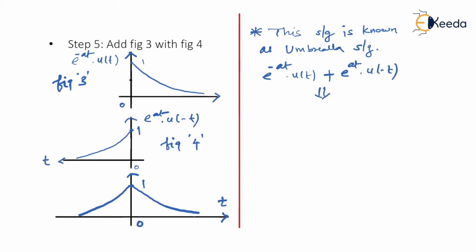In short, this whole thing is written like this: e to the power minus a mod of t. Please don't forget such a signal is called an umbrella signal.